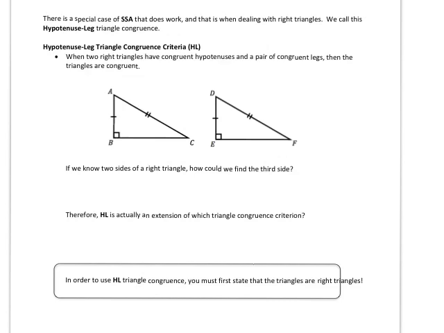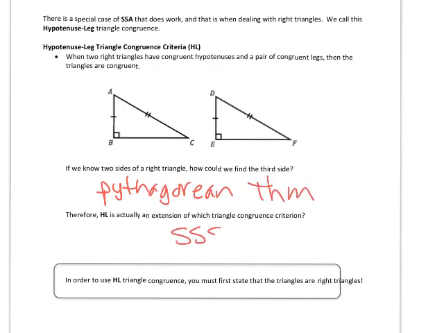When two right triangles have congruent hypotenuses and a pair of congruent legs, then the triangles are going to be congruent. Because, and here's another way to think of it, if we know two sides of a right triangle, we can use the Pythagorean theorem to get the third side. So really, this is just an extension of side, side, side, because in theory I could use the Pythagorean theorem and get the third side.